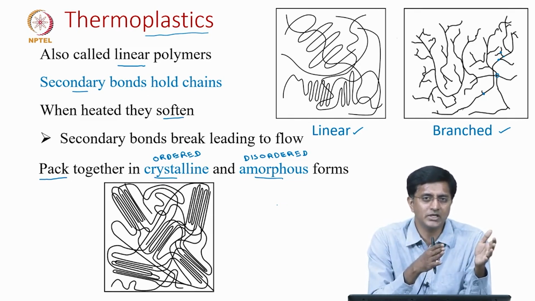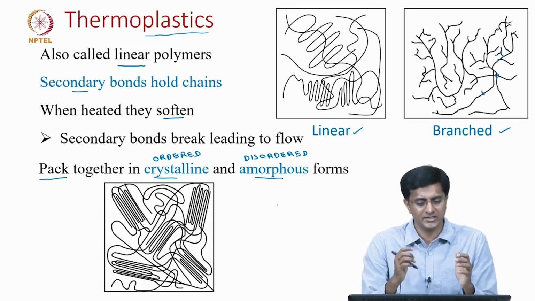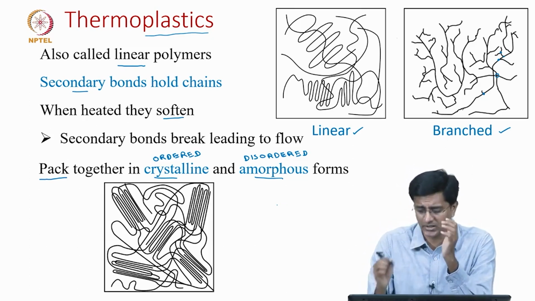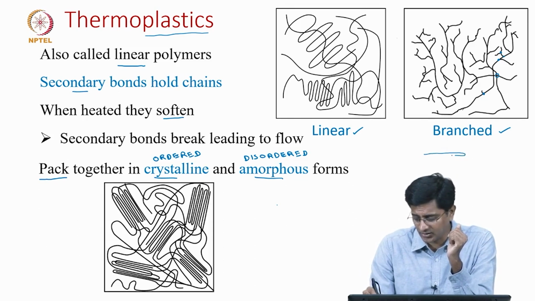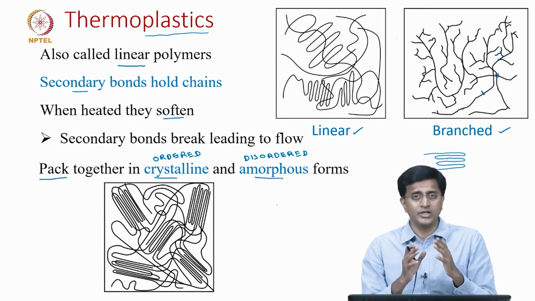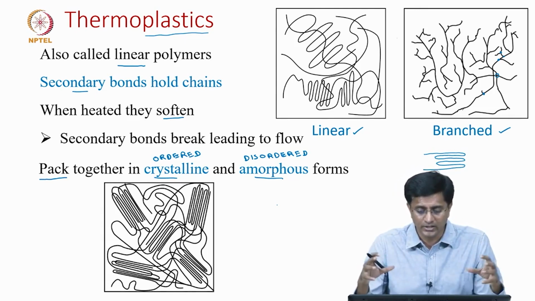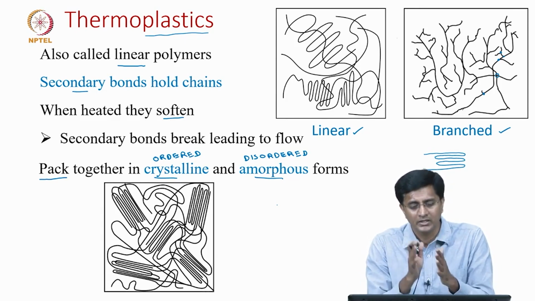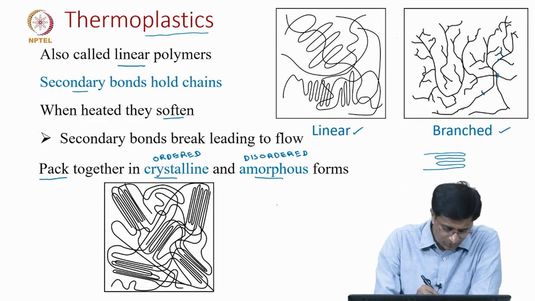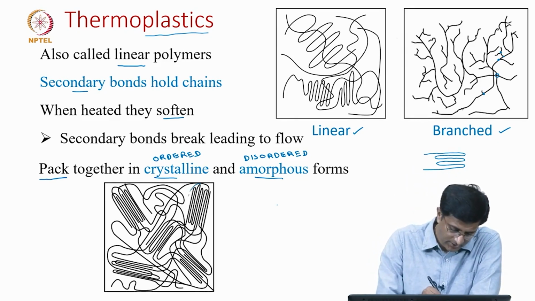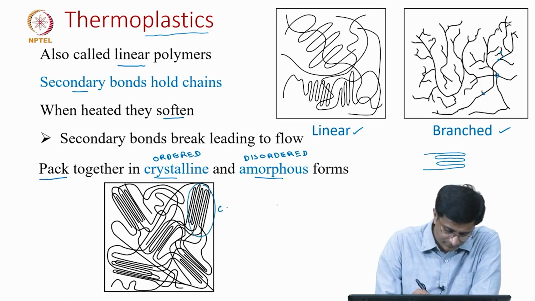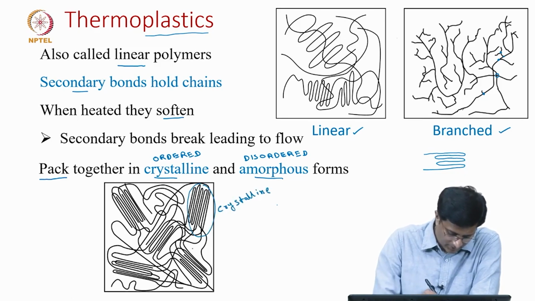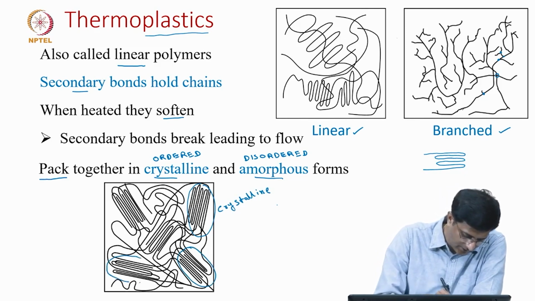But when we use the same terminology for polymers, what we mean is usually these polymer chains fold against each other. So, for example, something like this. Then there is an order, because now we are taking this random polymer chain and trying to bring some order into these polymer chains. For example, if we look at this schematic, this is a crystalline region, and this is another crystalline region.